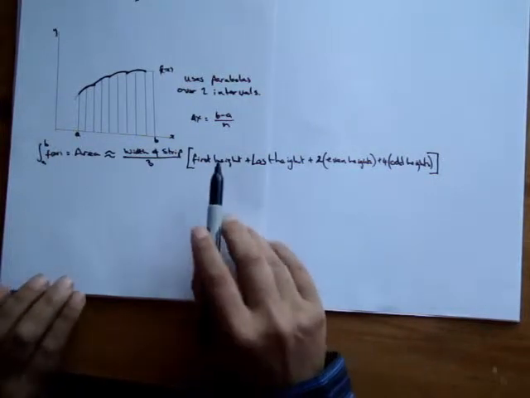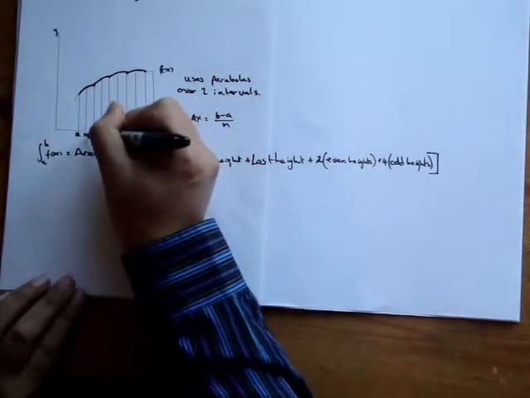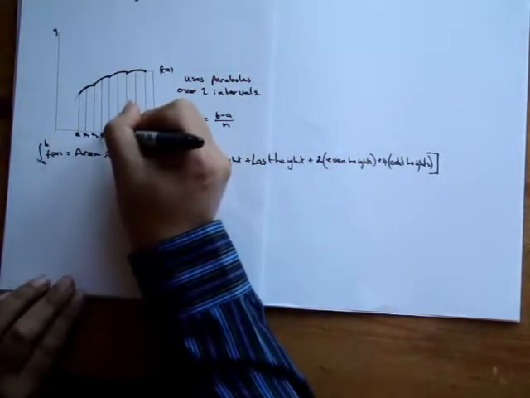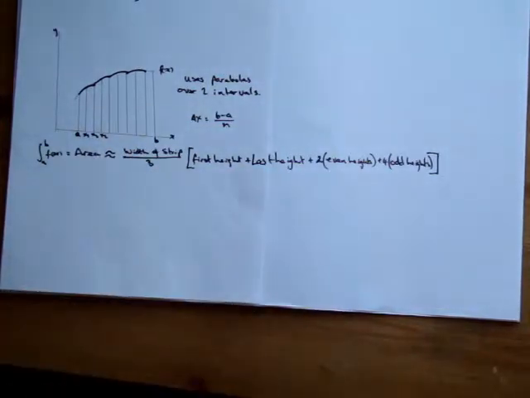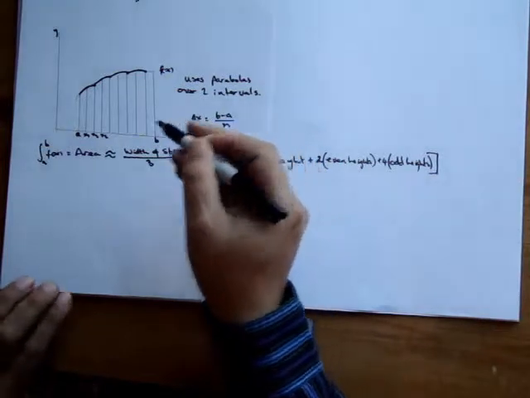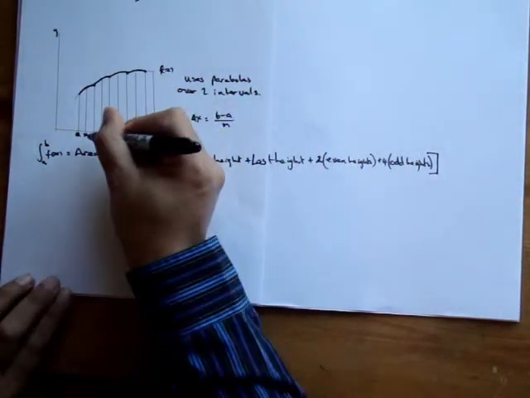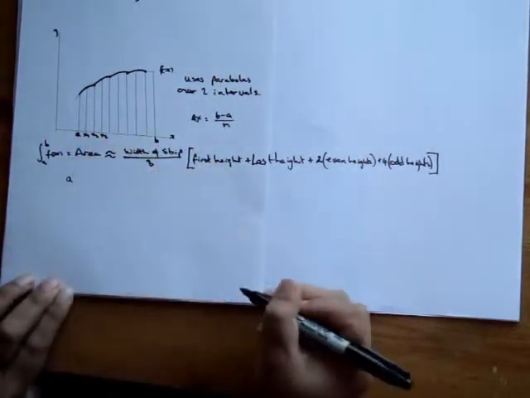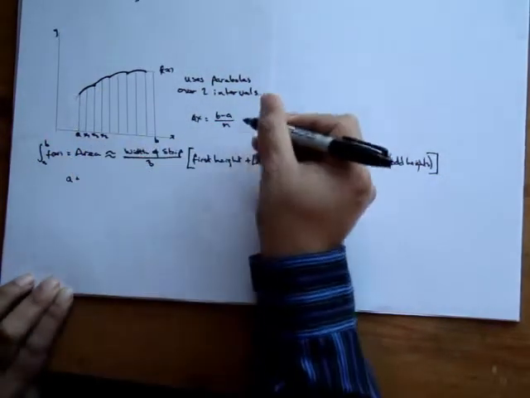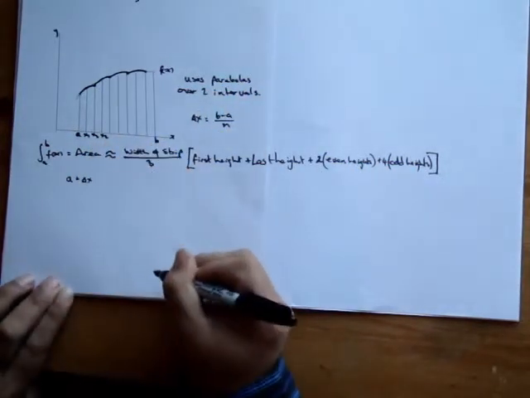What do we mean by height? So if this was x1, x2, x3, we simply apply our width formula. So the first x1 would be a plus our width that we got from delta x, so it would be a plus delta x.